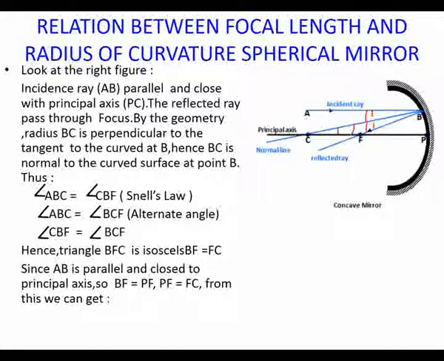Thus, angle ABC equals angle CBF, Snell's law. Angle ABC equals angle BCF, alternate angle. Because of that, angle CBF equals angle BCF. Hence, triangle BFC is isosceles.